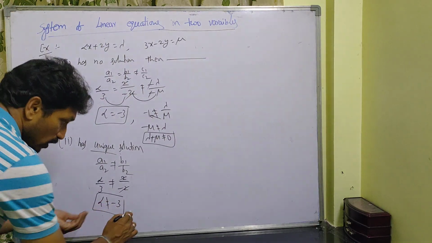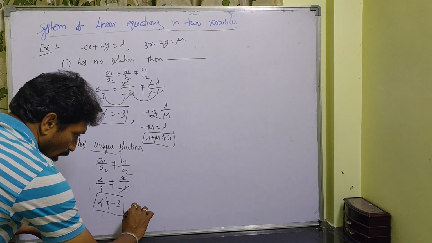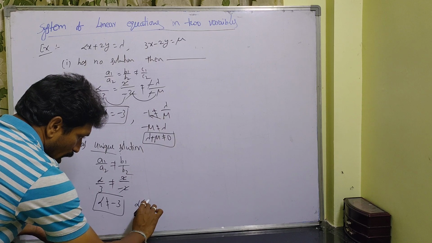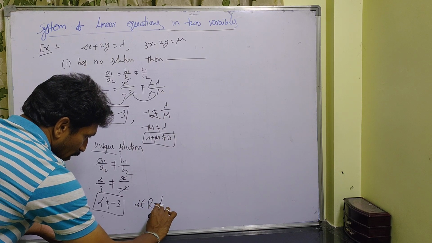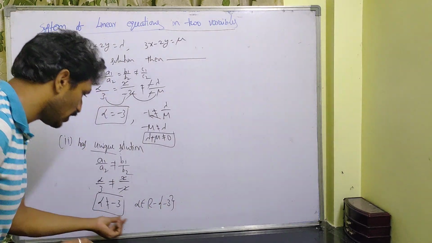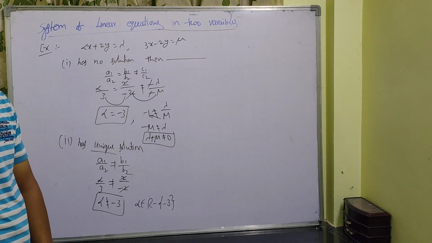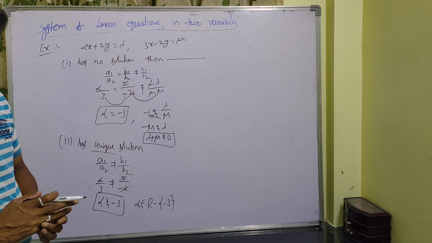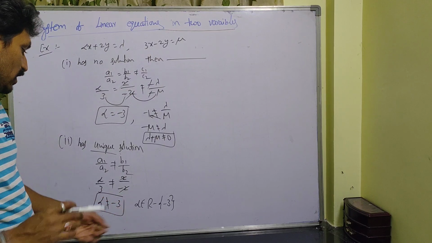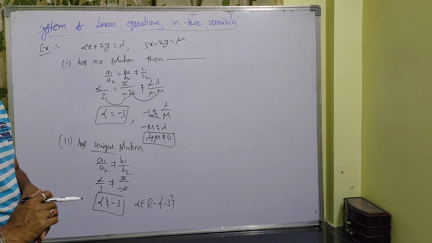So instead of this one, they may ask you like this: alpha belongs to R minus singleton minus 3. Except minus 3, any value you can take. Any real number you can consider here. Okay. So in general, you can write alpha is not equal to minus 3.